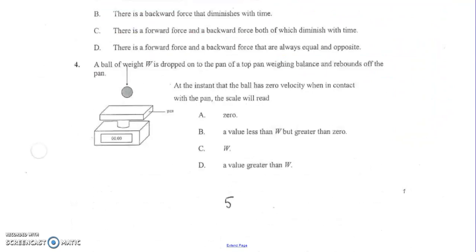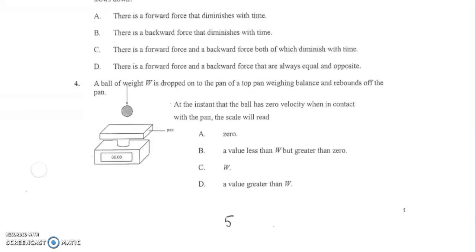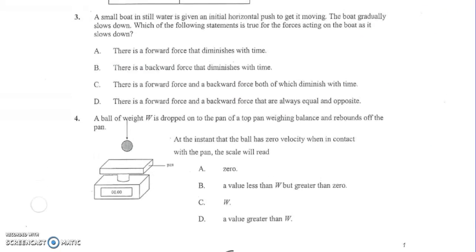Number 3 is we have a small boat in still water, is given an initial horizontal push to get it moving. Okay, notice that we're not going to keep on pushing it. The boat gradually slows down. Okay, so what I know is that there's no longer a forward force after the initial push. So anything that is talking about a forward force is incorrect.